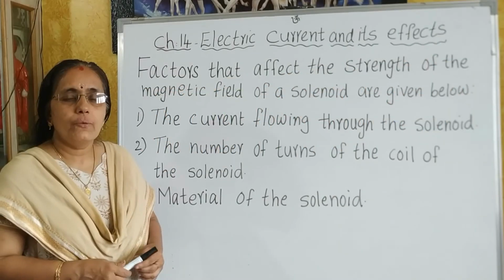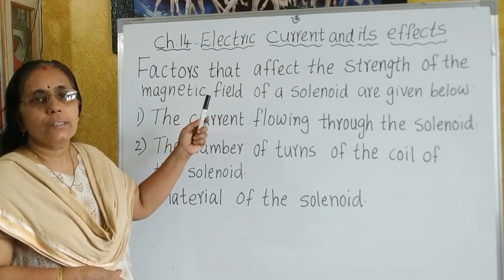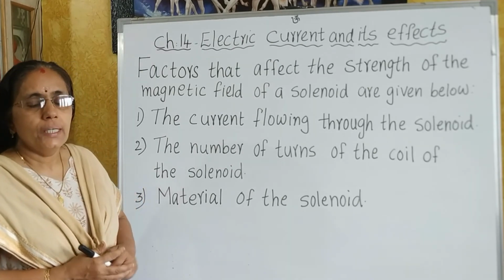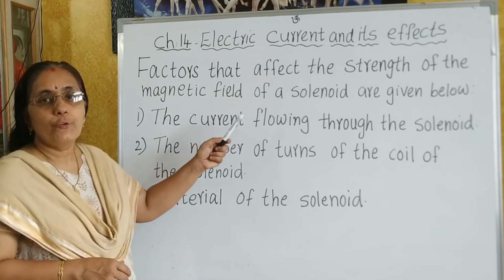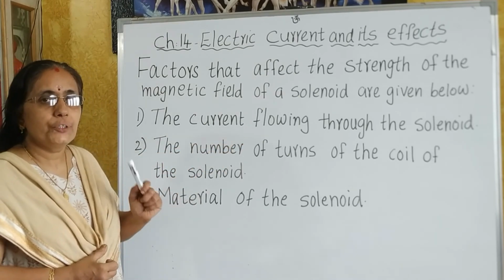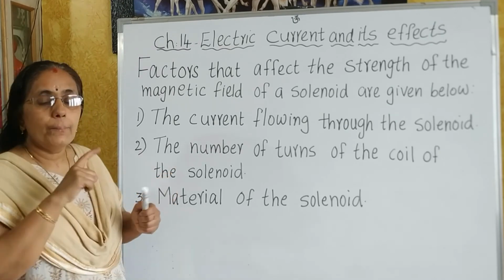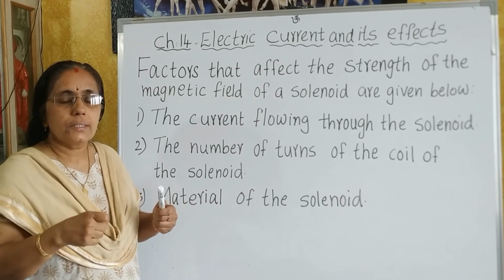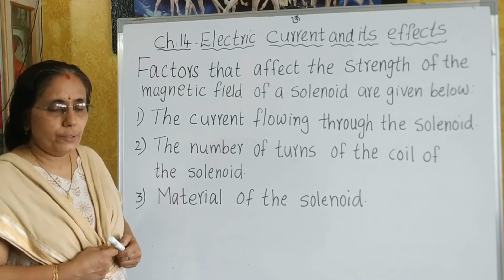Now let us see what are the factors that affect the strength of the magnetic field produced by a solenoid. See, there are three factors. First one is the current flowing through the solenoid, that is the strength of the current which passes through the solenoid. Second one is the number of turns of the coil, that is how many turns are there in that given solenoid.